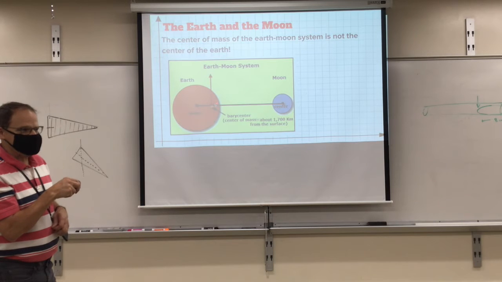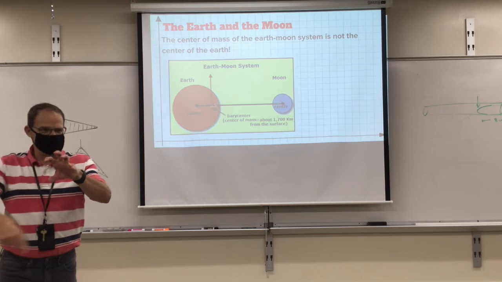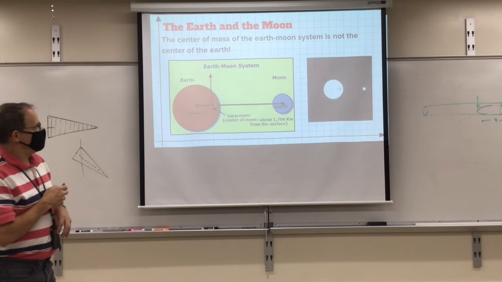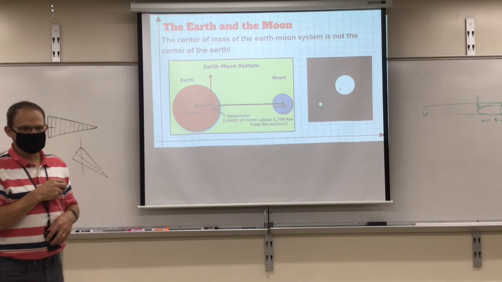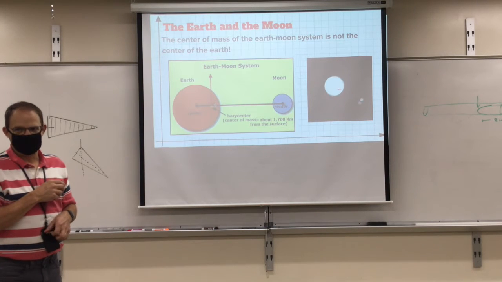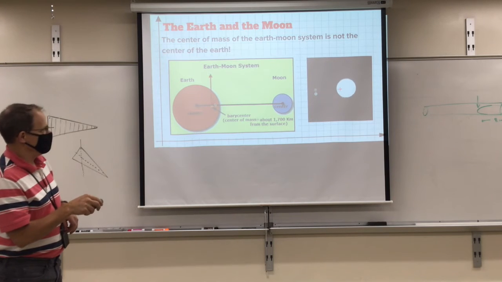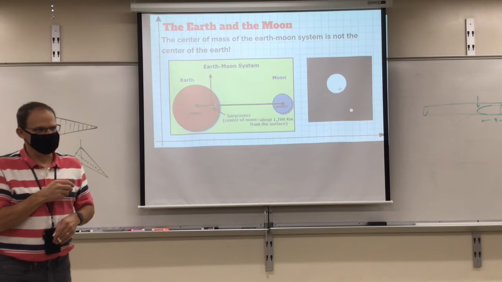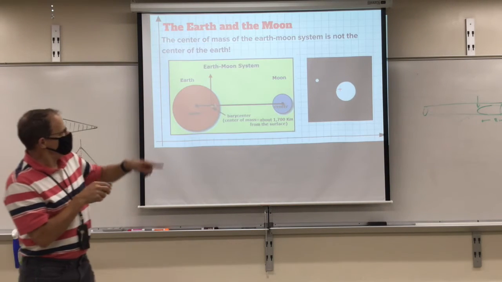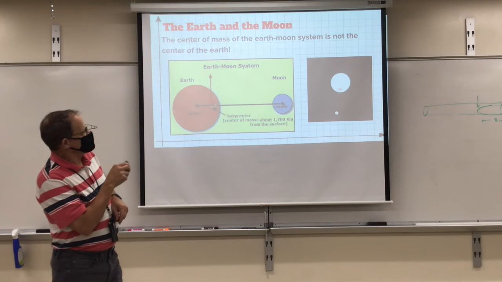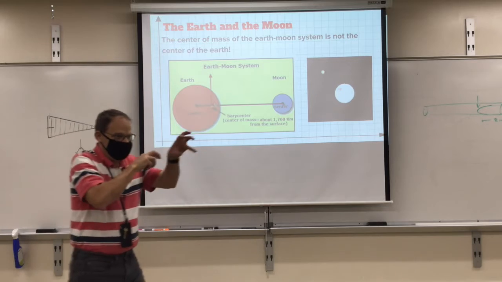And the center of mass is what the Earth and the Moon rotate around. The Moon doesn't just go around the Earth while the Earth sits still. The Earth actually kind of wobbles around their common center of mass. Both objects rotate around their center of mass. So that's what the Earth and the Moon system look like. This is called the barycenter, the center of mass of a two-body system. Okay? And it's that center of mass that follows a nice orbit around the sun, even though the parts are wobbly, right, as they go around the sun.